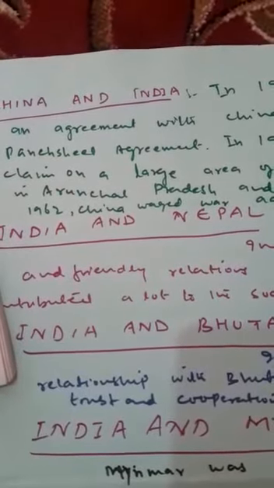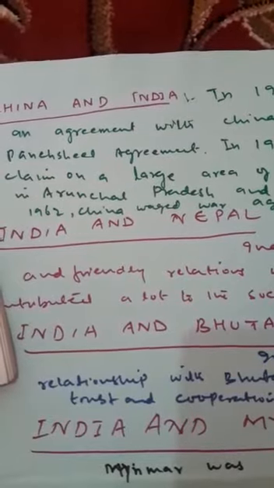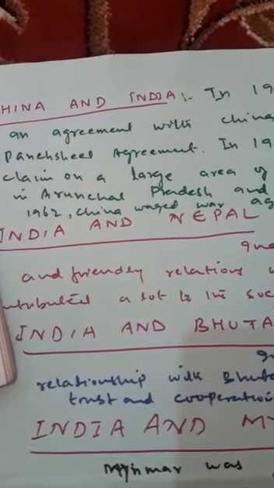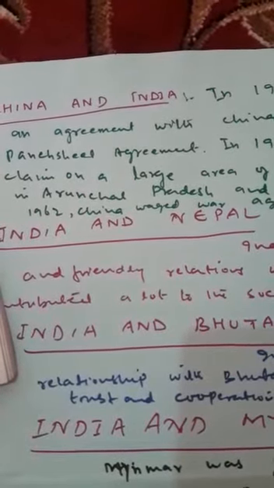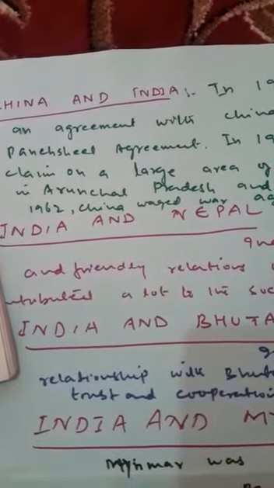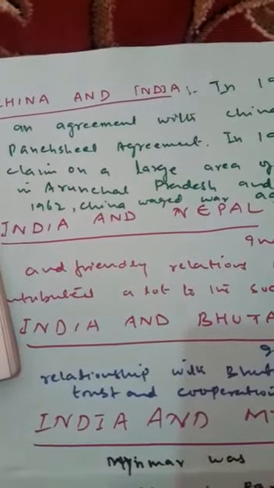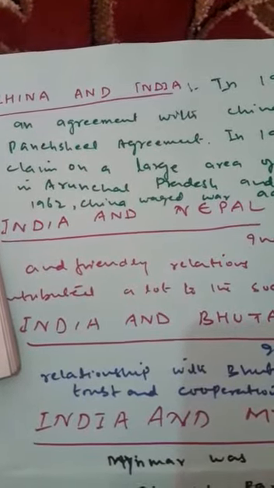Dear students, in 1962, China waged war against India. India continued to subscribe to the principle of Panchsheel even when her relation with China was strained in 1962. During this 1962 war, India lost a large area to China.